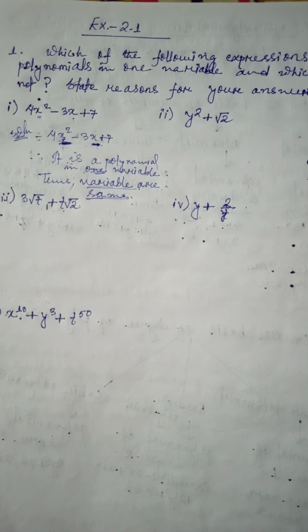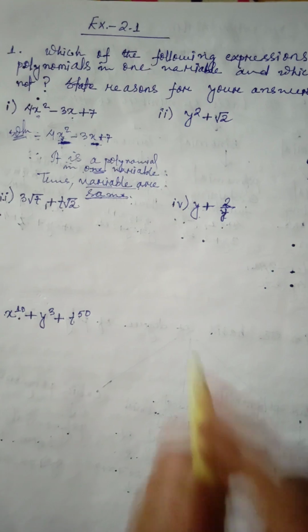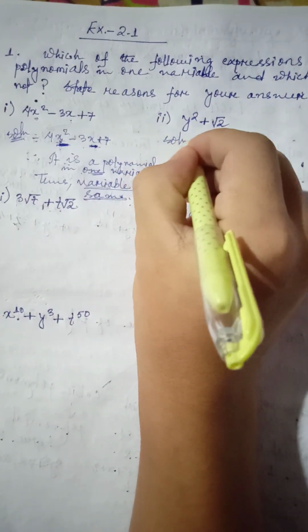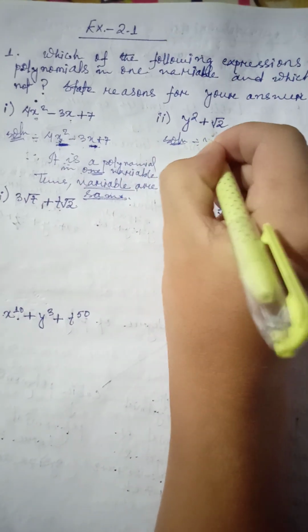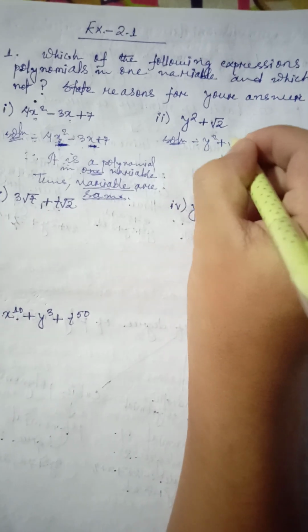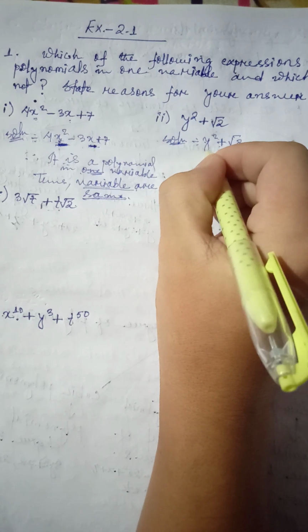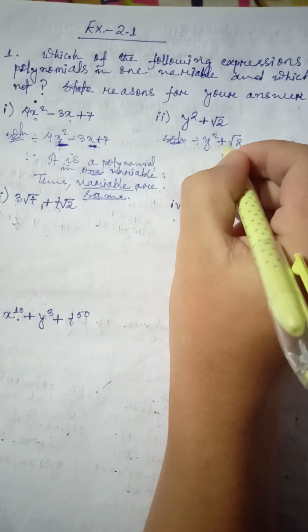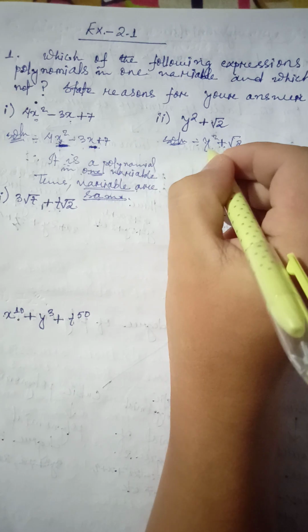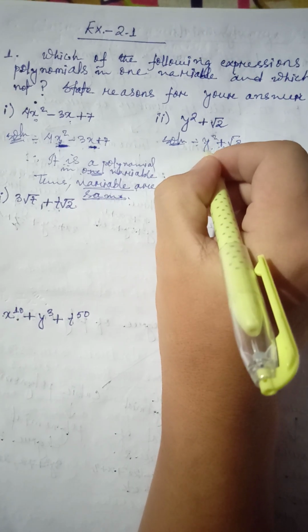In Roman number 2, we are given y squared plus root 2. Here the variable that we have is y, and there is no other variable present. Because of that, only this variable will be taken into account.